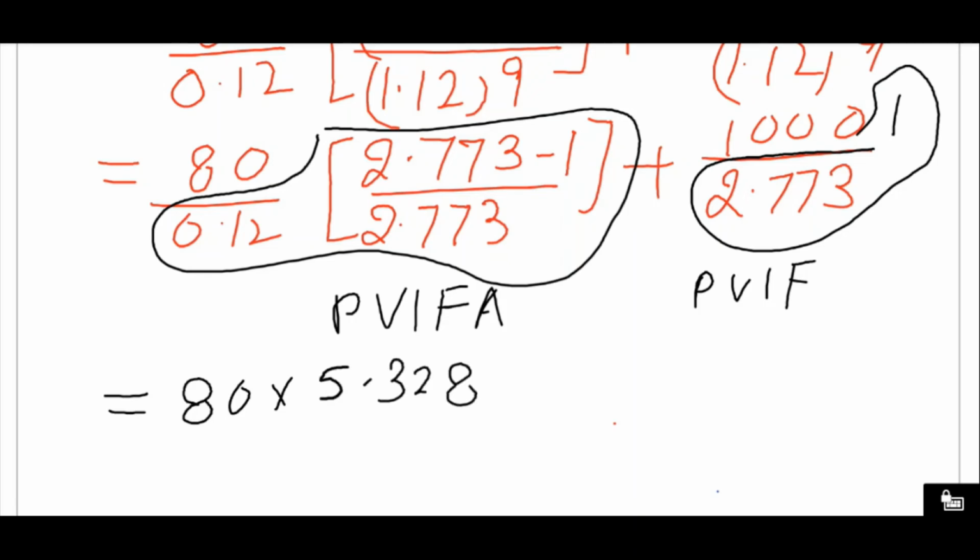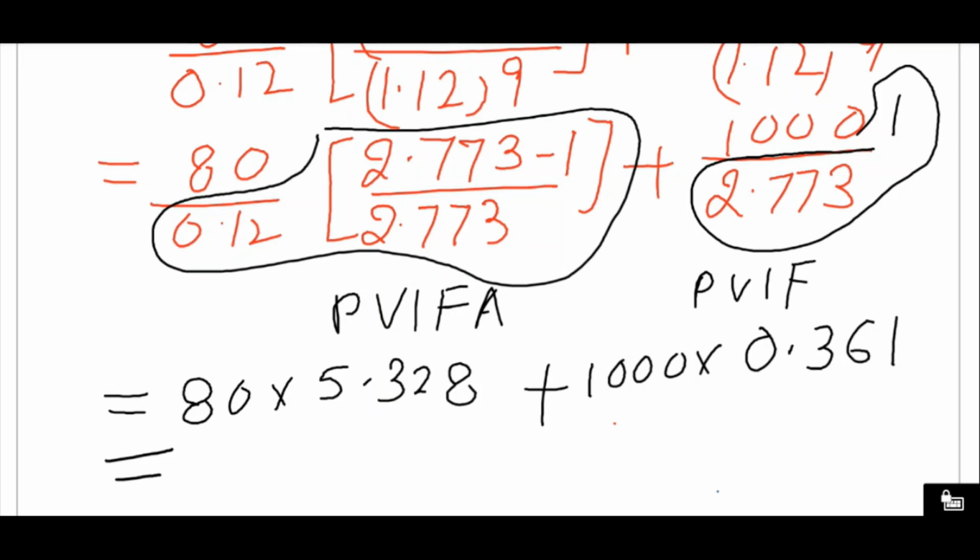That means you calculate this value, you get 5.328, plus 1000 into 1 divided by 2.773, which we will get here as 0.361. Now solve this value, we'll get 787.24. We'll get the same value, don't worry. So in this way, for 12% we are getting 787.24.